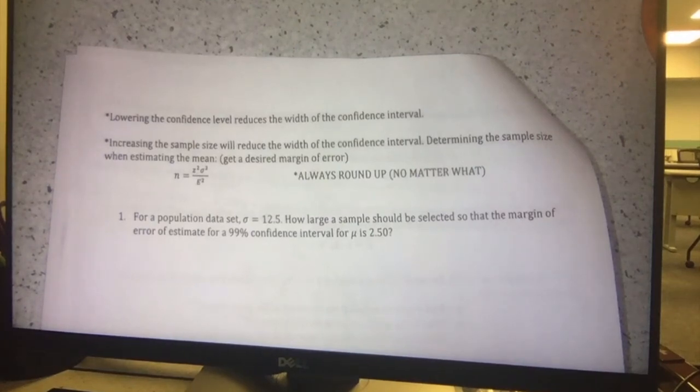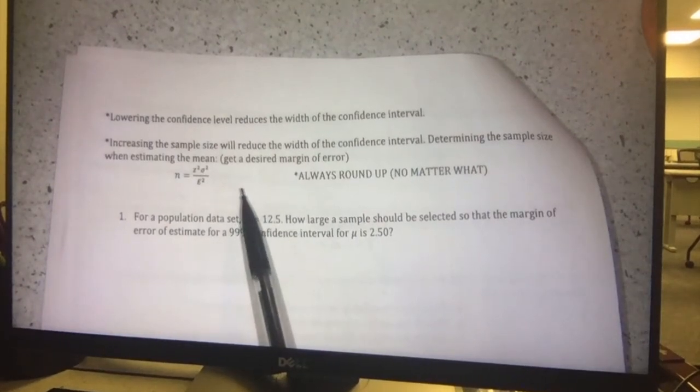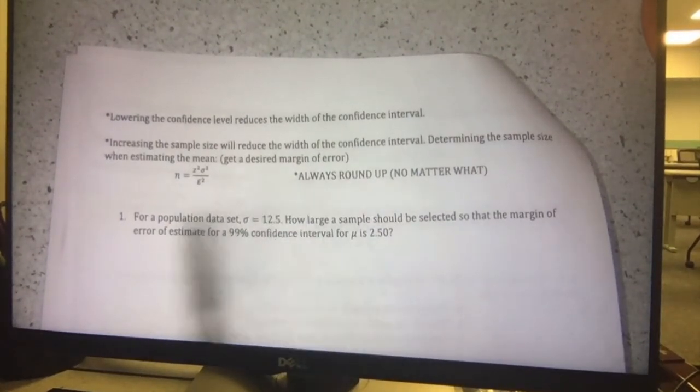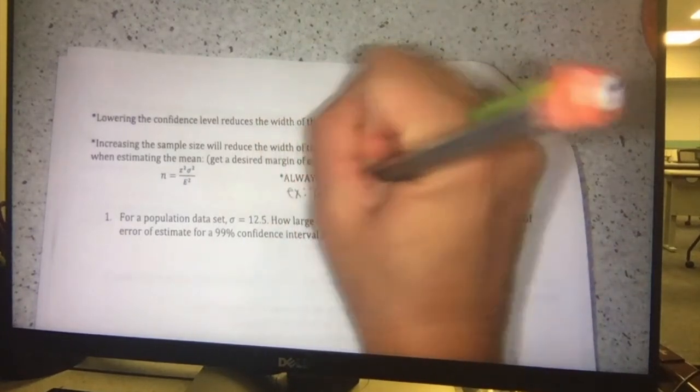Next, determining the sample size when estimating the mean to get the desired margin of error. Meaning if they say you want your margin of error to be this, how could we get that? We can figure out what our n value should be. Remember, just like before, always round up. No matter what our rounding rules say, you always go up to the next number. So for example, 7.1 will round up to 8.